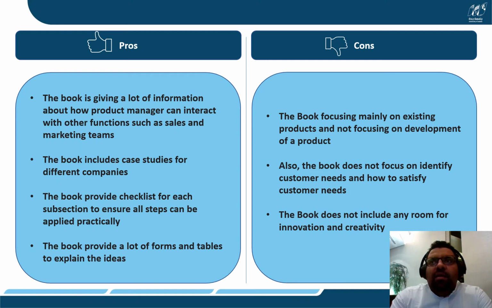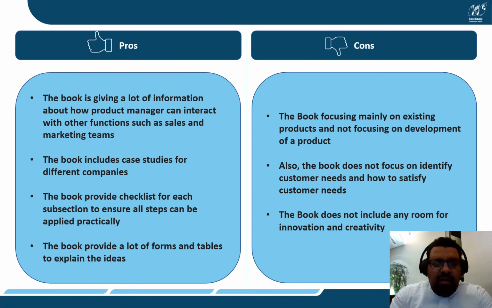We know that in an agile and dynamic environment, if we use a Scrum approach, it will be very important and very crucial for the product manager to interact with all of these functions without any problem, because any misunderstanding or miscommunication might delay the product and might have a bad effect on the product.